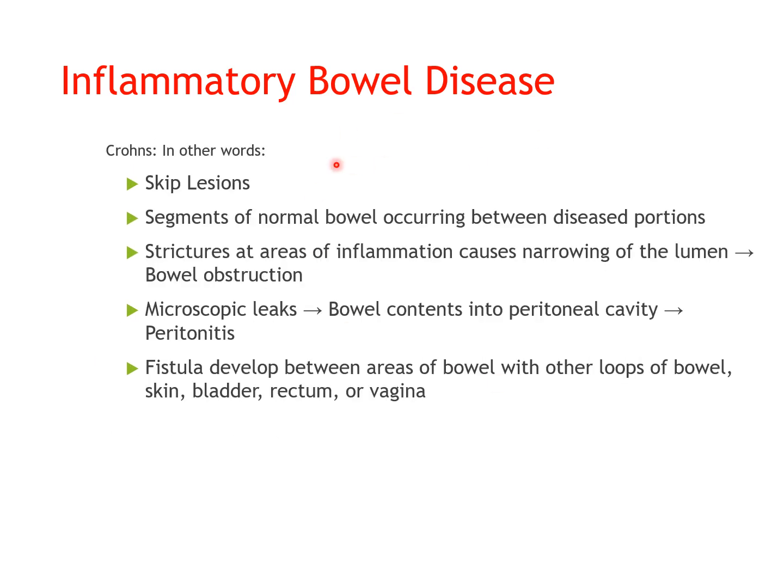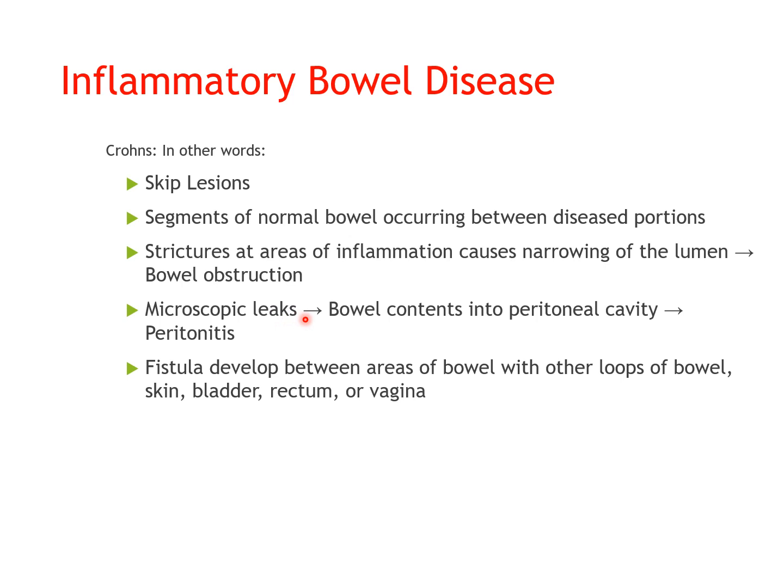All right, so a brief mention of everything we just talked about. Skip lesions, the segments of normal bowel occurring between the diseased portions. Strictures can happen at the areas of inflammation, causing narrowing of the lumen. So one of the surgeries that can be done is a stricturoplasty. Because there's strictures, we can do a stricturoplasty. We'll get to that later.